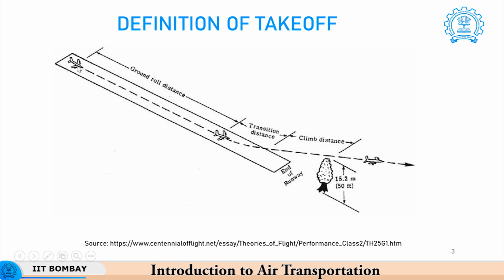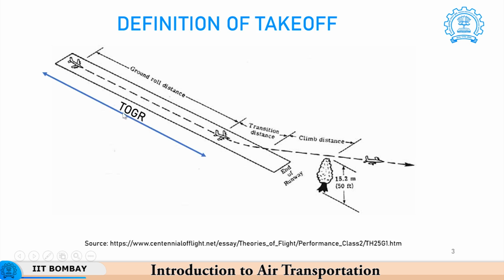So, when you are at rest, you start rolling, which means you start accelerating till you reach a point where now you can lift off or you can leave the ground after the pilot initiates rotation. After that, you are going to slowly transition and go into a climb till you clear the obstacle height. The obstacle height is defined as 50 feet for a civil aircraft.